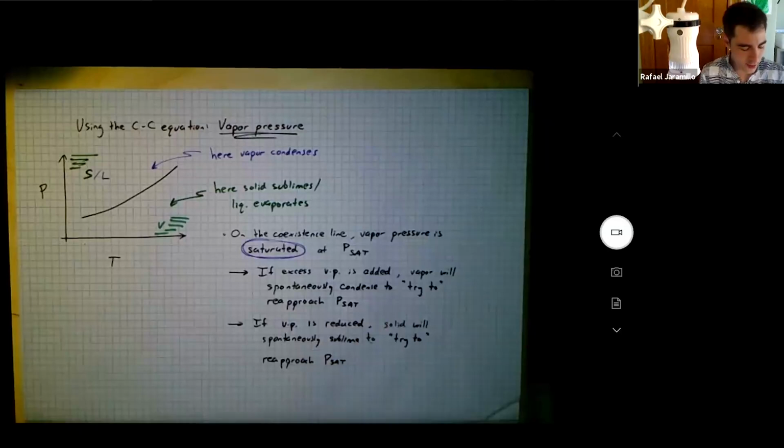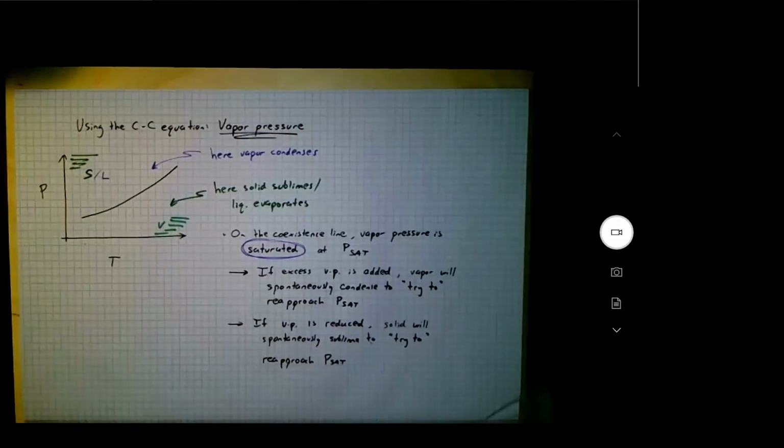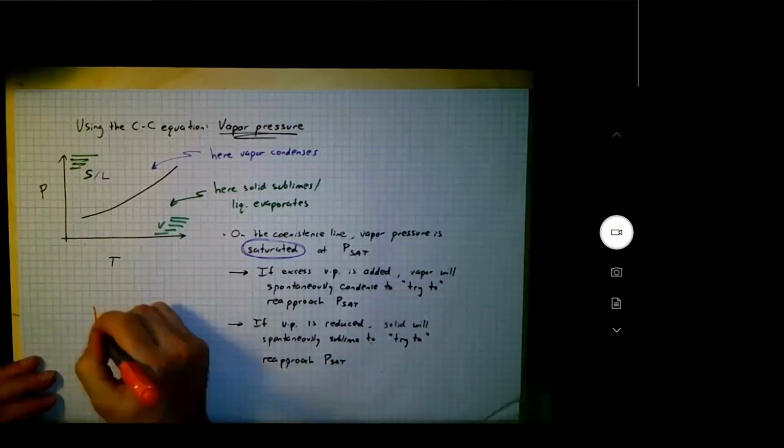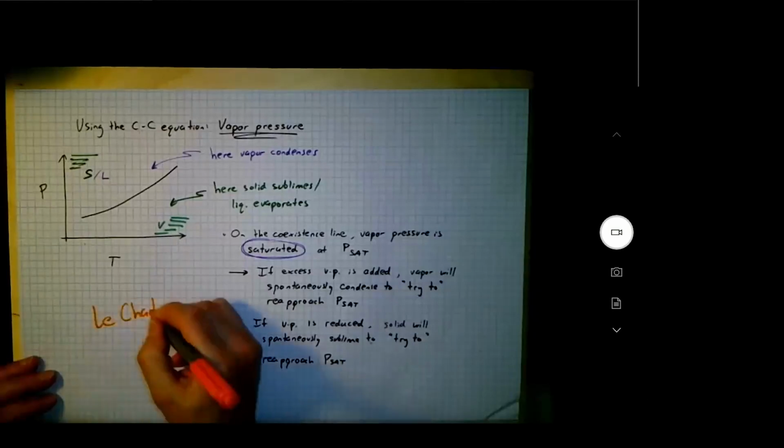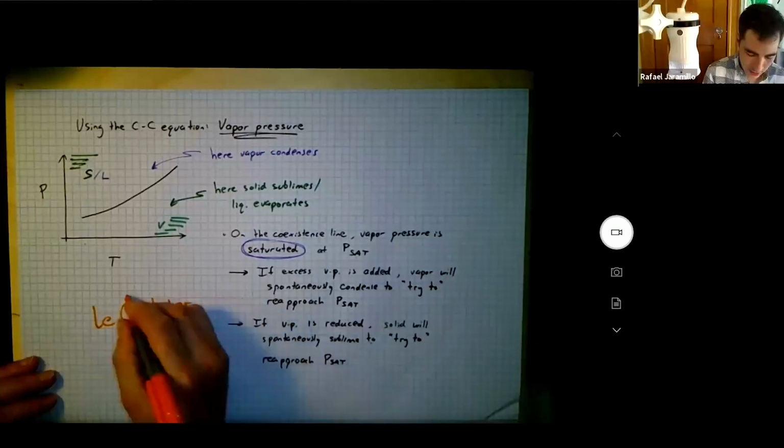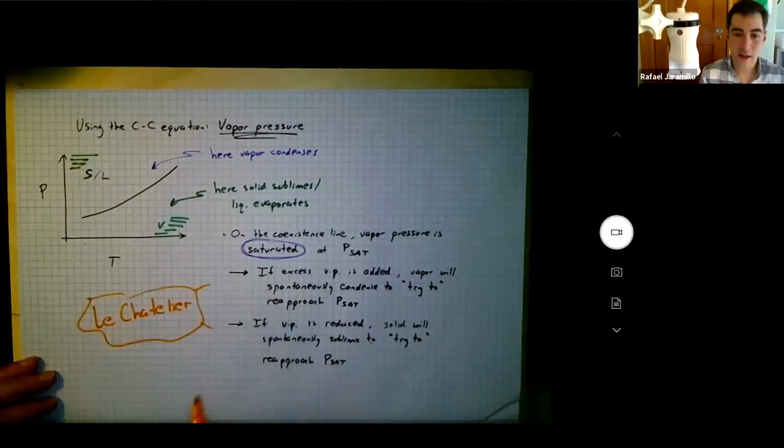What's the principle behind that? There's a general principle which explains this. Le Chatelier's. This is a really nice example of Le Chatelier's principle.